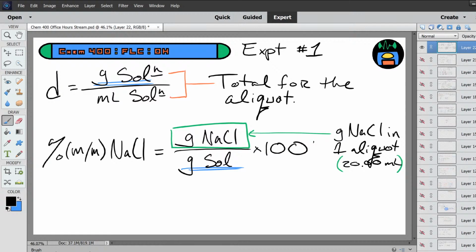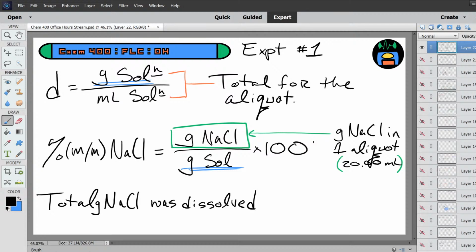But the total NaCl, so total mass of sodium chloride, was dissolved in 100 mL of water.